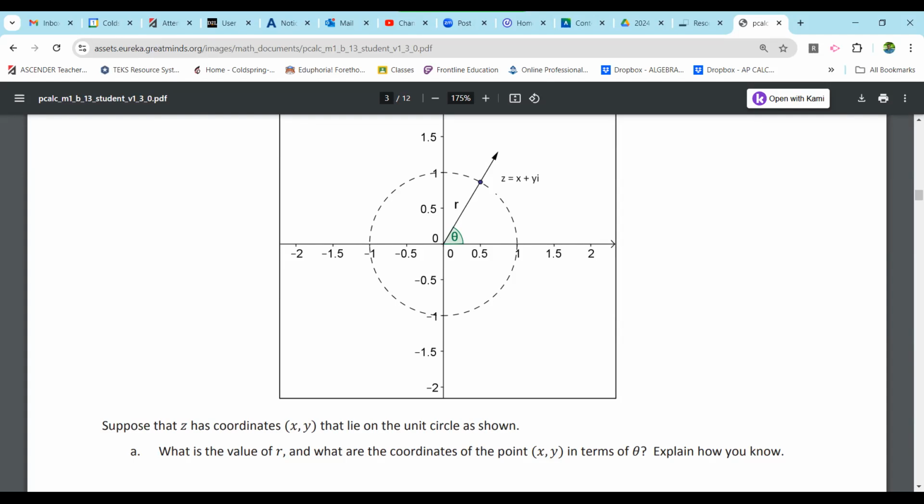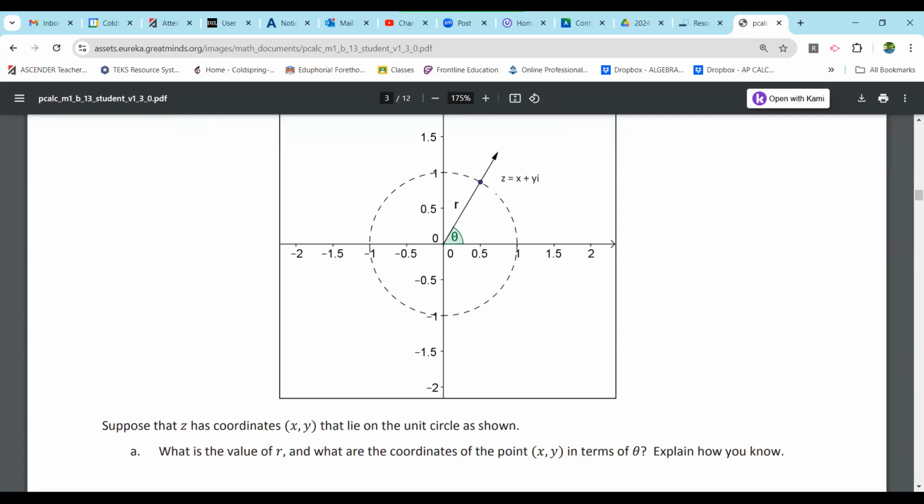What was 1 unit? What was the radius? I mean, what was the 1 unit? The radius, right? The radius goes from the origin to an endpoint of a circle. That is what makes it a radius.